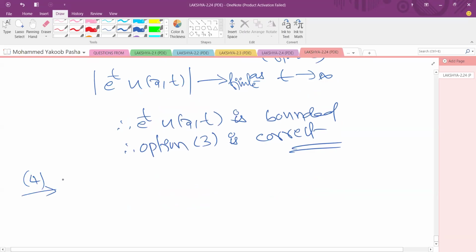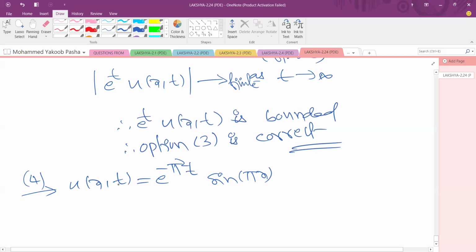How to check the function? First I am writing u of x comma t value, that is e power minus pi square t into sin pi x. Okay, domain of x. What is the domain of x?